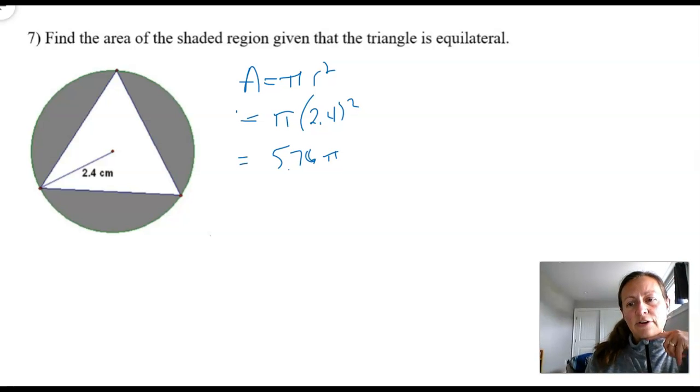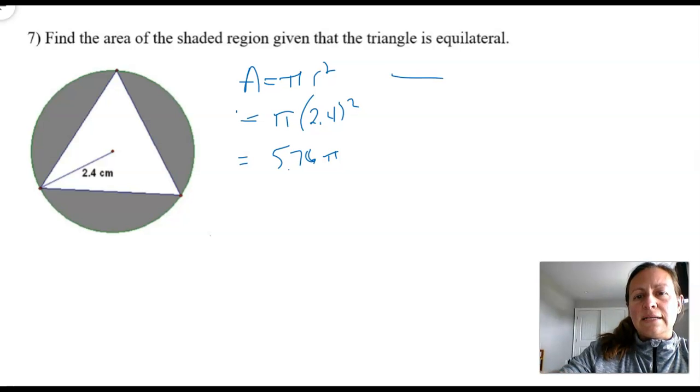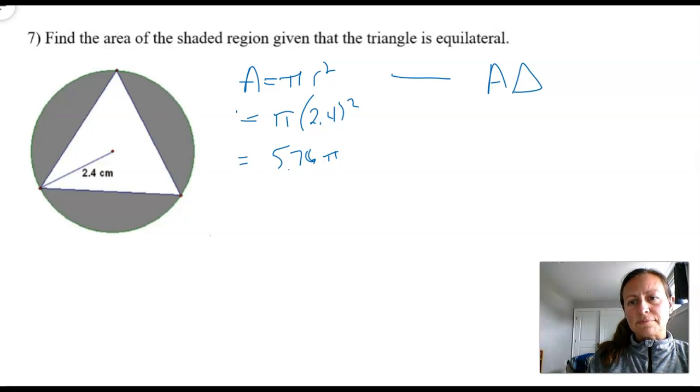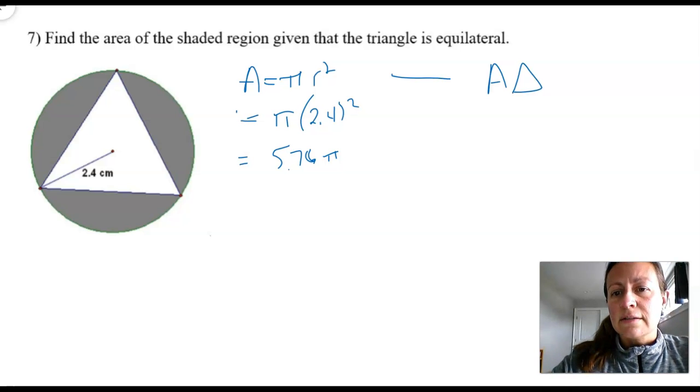So that's just the area of the circle itself. But the shaded region has the triangle part cut out of it. So it's the circle minus the area of the triangle. Now we know that the area of a triangle is 1/2 its base times its height.